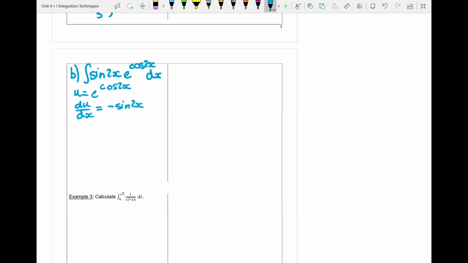So we're going to get negative sine of 2x times e to the cosine 2x.